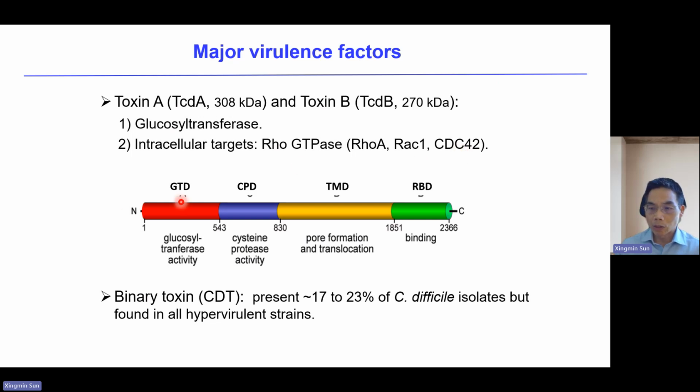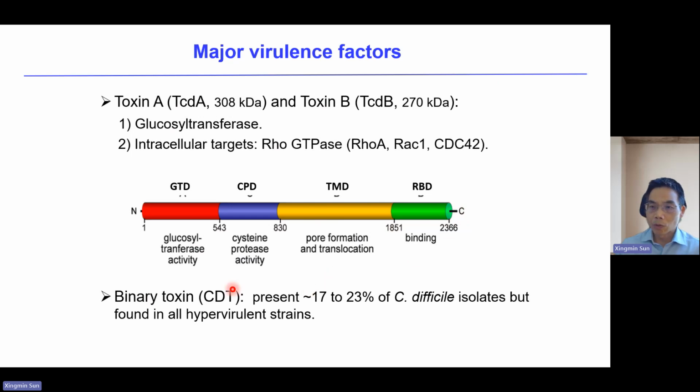Both toxins share very similar domain structures, including the N-terminal glucosyltransferase activity domain, followed by the cysteine protease domain, CPD, the central pore formation and translocation domain, and the C-terminal receptor binding domain, which can bind to receptors on the host cells.